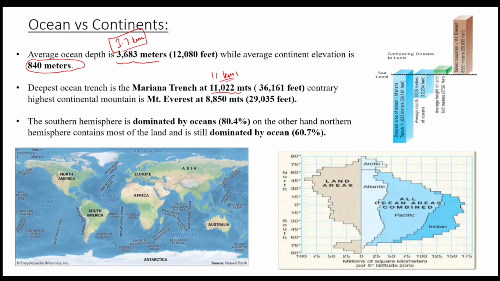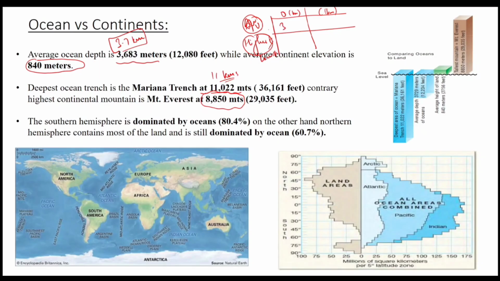Then this figure, and this thing you see, Mount Everest, the highest peak in the world, has an elevation of 8850 meters. So if we compare the average and the highest, and we see ocean and continents, we write it in kilometers here. This is the average, and this is the highest or lowest.